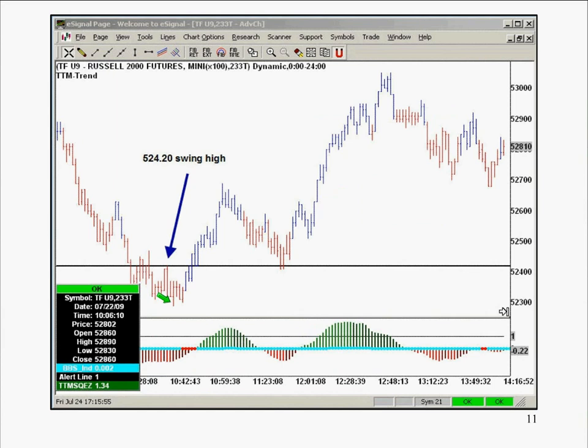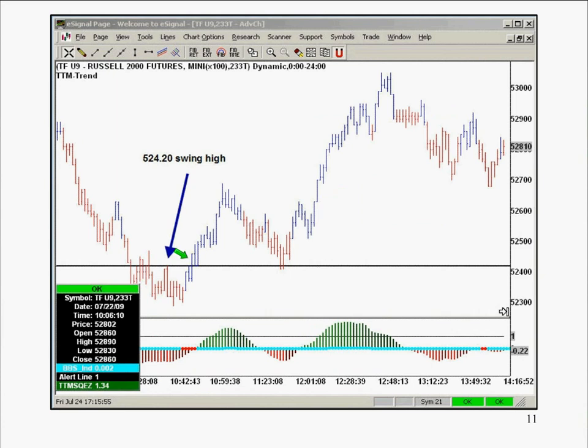What you want to see is a shift in pattern to tell you to enter against that trade setup. So again, in this case, what do you want to see? I want to see it take out a prior swing high. In this case, this is the 524.20 swing high. So you could have placed a stop to buy at 524.30 on a buy stop, or you just click the market button if you trade above that.